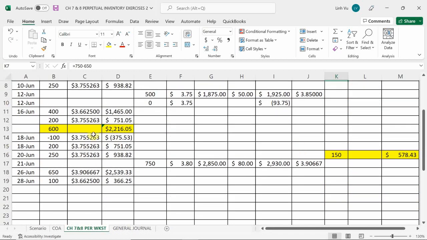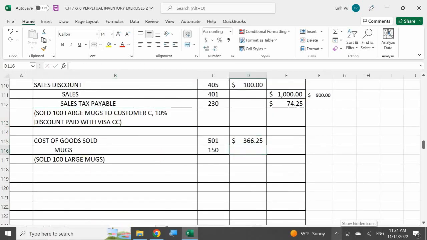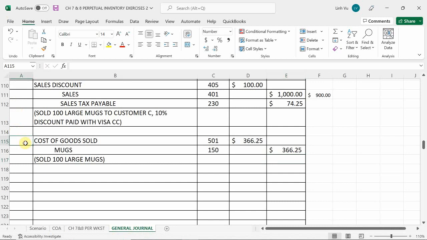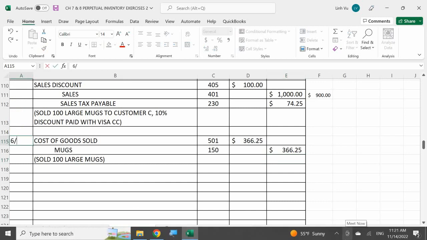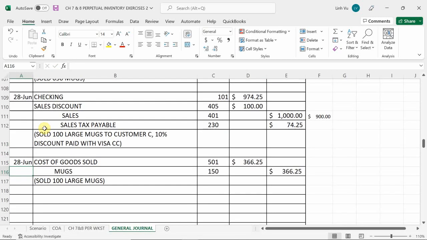Okay? So that should give you your general journal to be $366.25 is what it cost you for those large coffee mugs. Okay? And this is the 28th.